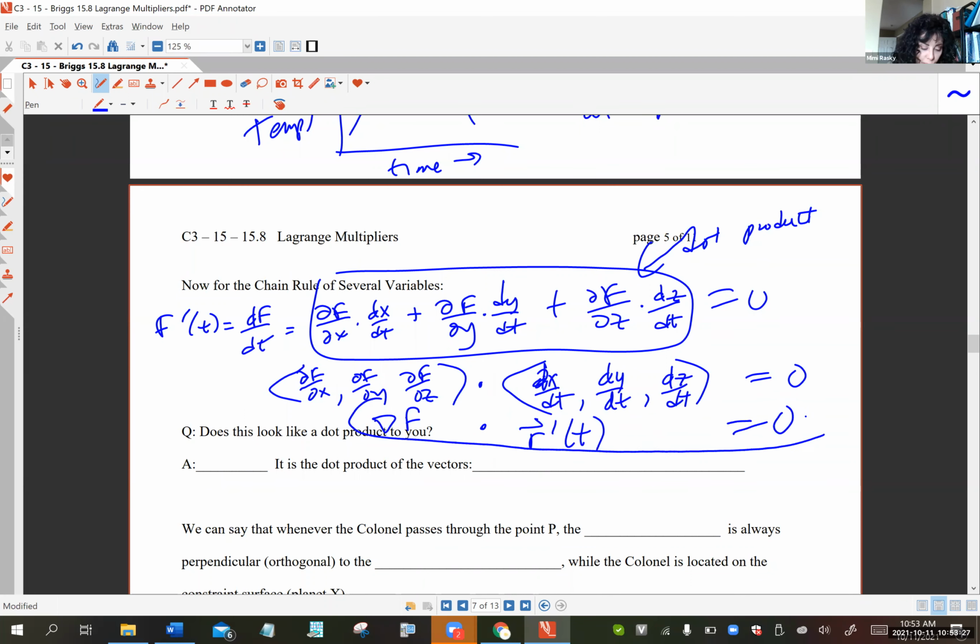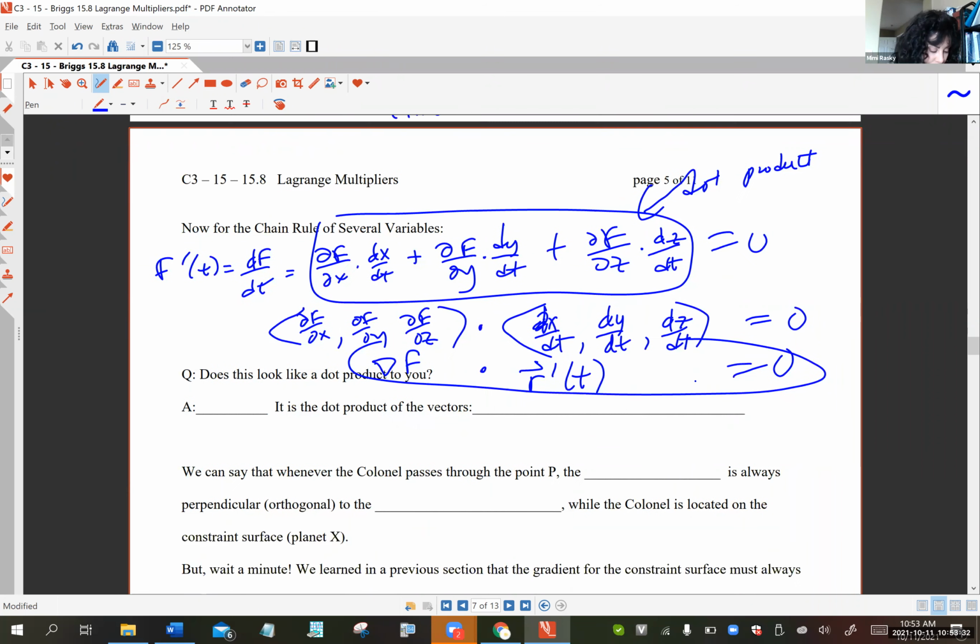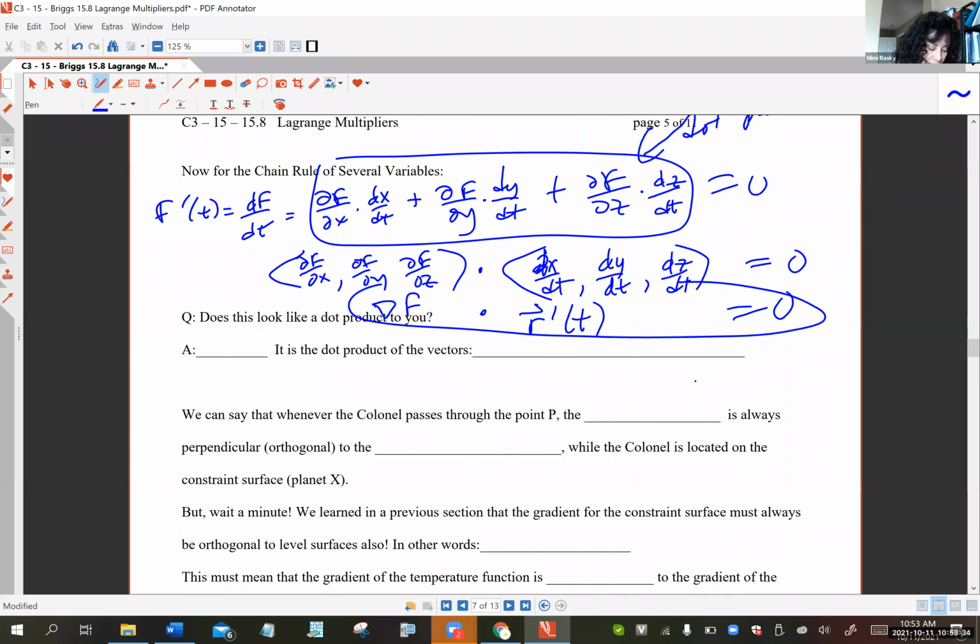And when you have a dot product of two vectors equaling 0, what can you say? So does this look like a dot product to you? Yes, it's the dot product of del F and r prime. So what's the relationship between those two vectors since the dot product is equal to 0?